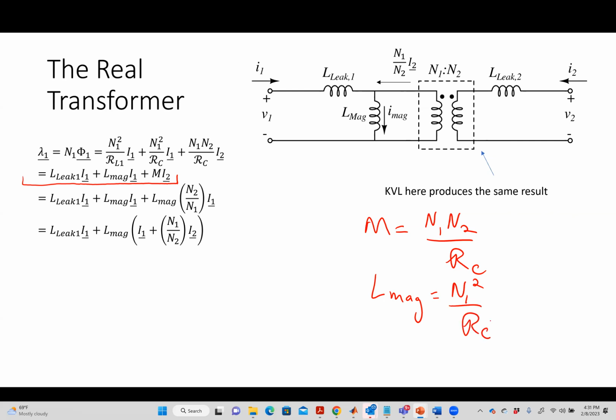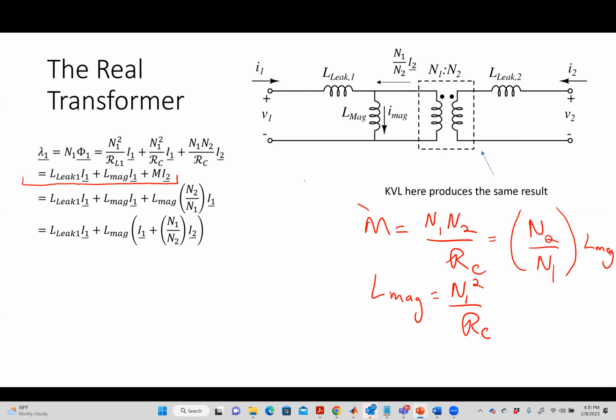So what you see here is, how could I write M in terms of L mag? How could I write that? Yeah, so I could say this is N1 over N2, oops, other way around. N2 over N1 times L mag.